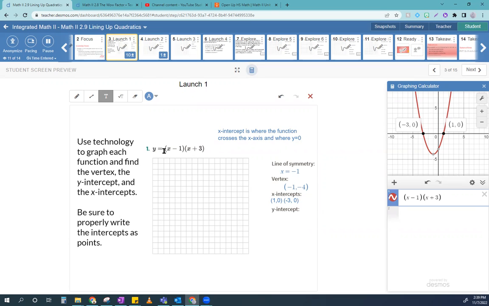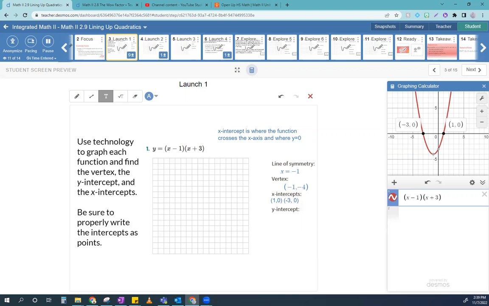Because it's all positive. This is a positive here times a positive. The whole function is positive, right? X times X is X squared. So whenever I say, do you notice anything? I want to know, do you see these x-intercepts anywhere in the function?